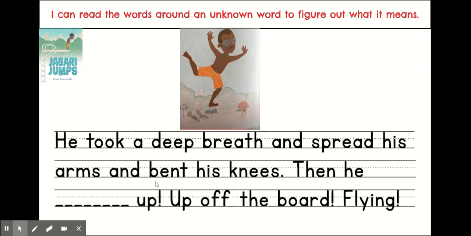So I know that sprang is a verb, but I'm trying to figure out what he's doing and what the word sprang might mean. So he took a deep breath and spread his arms and bent his knees. It looks like, if I'm picturing that in my mind, I see him opening his arms really, really wide and bending his knees. It sounds like he might be about to do something like jump up in the air.